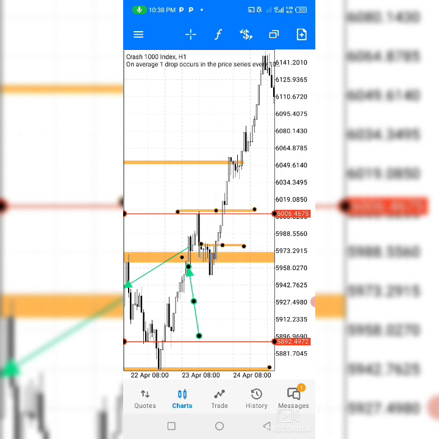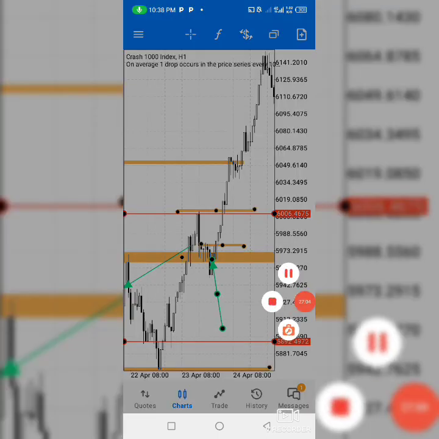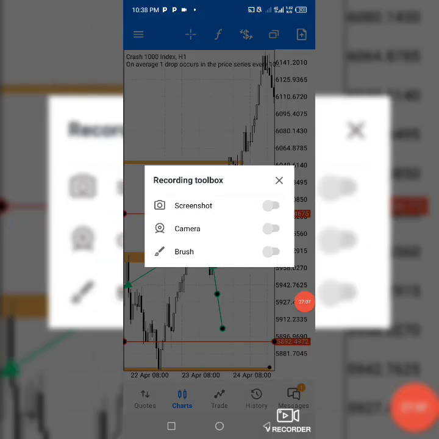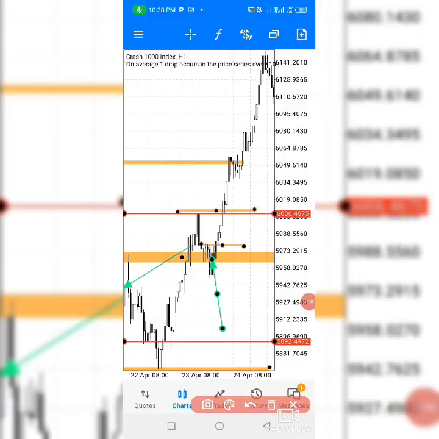No matter how small it is, every structure is significant. Price moves up here and moves down here. So there is an M structure here that was broken.